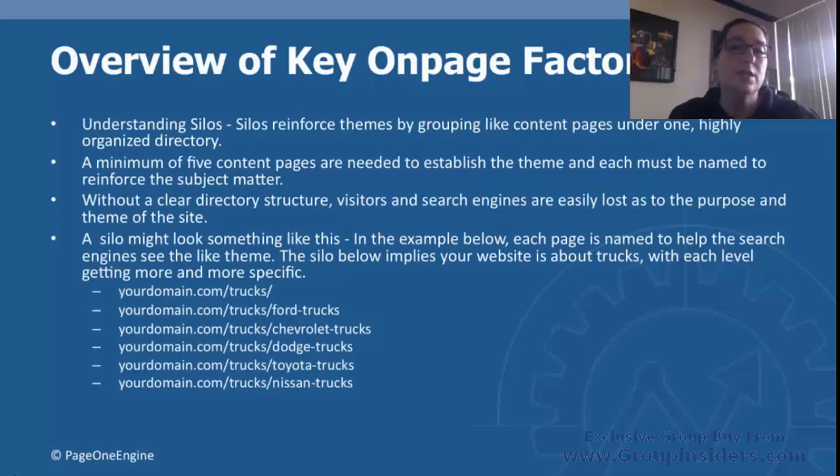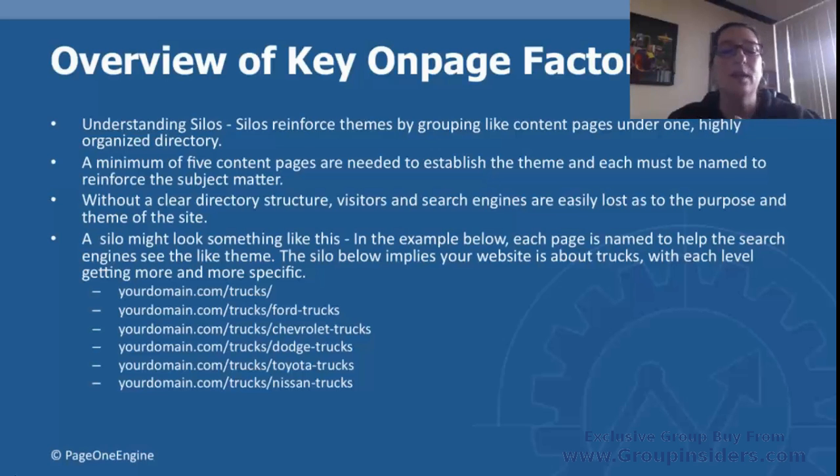We need to understand silos. Silos reinforce themes by grouping like content together under one highly organized directory. A minimum of 5 content pages are needed to establish the theme and must be named to reinforce the subject matter. Without a clear directory structure, visitors and search engines are easily lost as to the purpose and theme of the site.